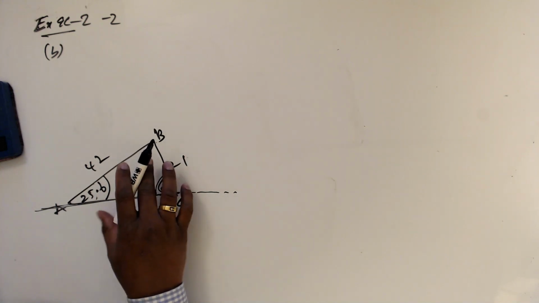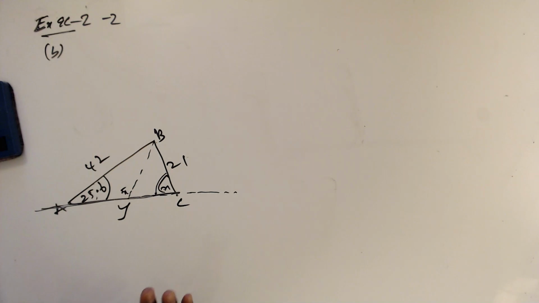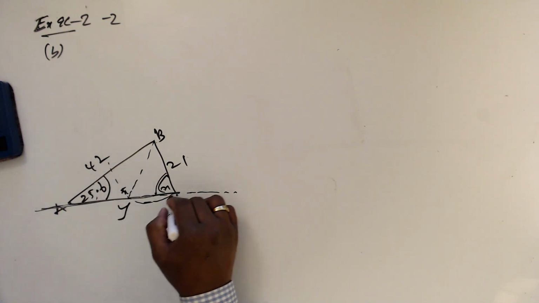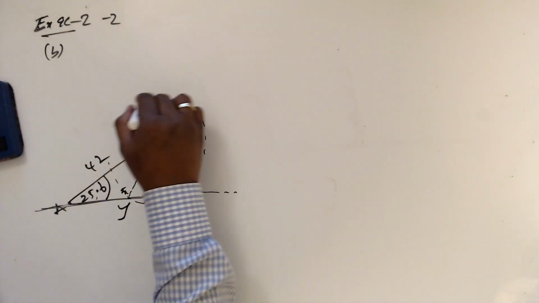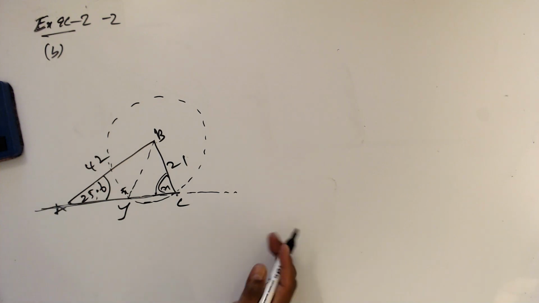Either this option or this option. So I did the shortcut this time. I didn't try to circle it, but you can see when you circle, it is going to be like this. So this distance is 21.